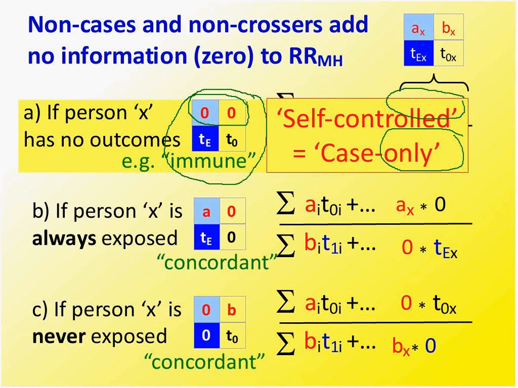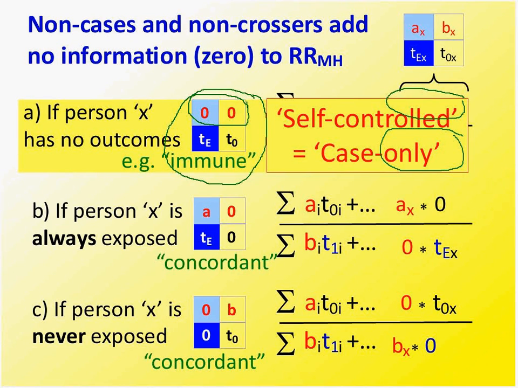And so that shows why self-controlled ends up being restricted to case only. Add a caveat, because I'll get to it in a second.